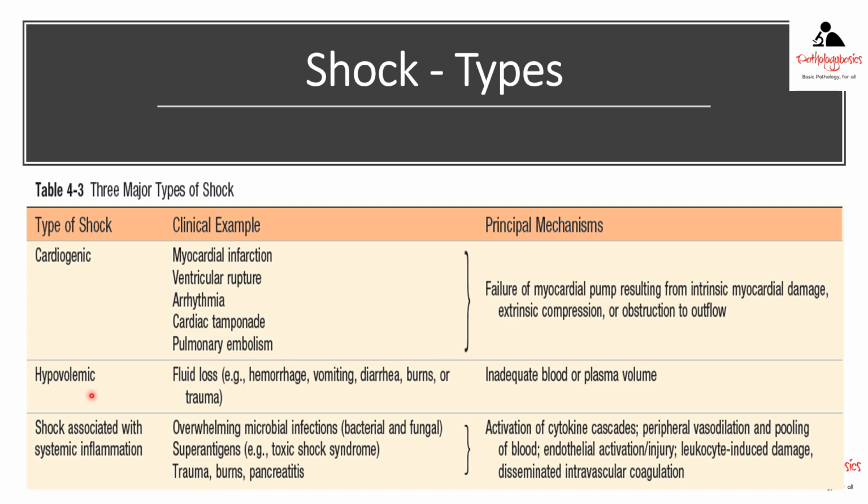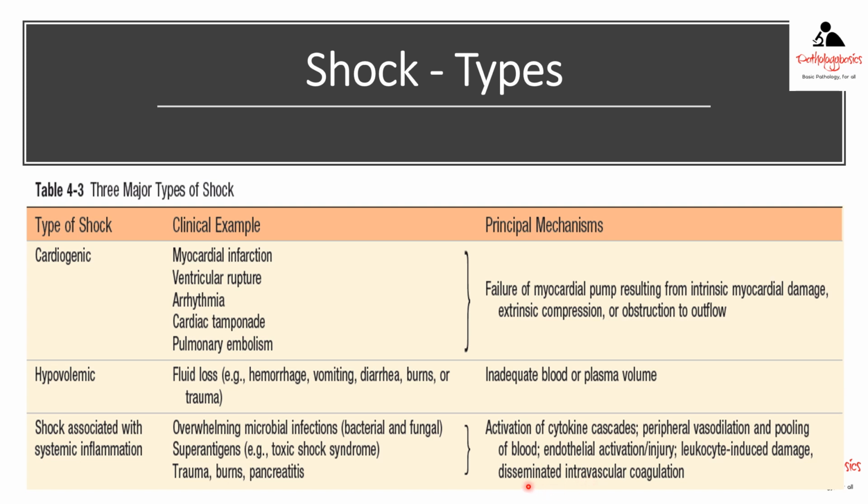Second is hypovolemic shock, reduced effective circulating blood volume. This happens due to fluid loss, hemorrhage, vomiting, diarrhea, burns or trauma. Third one, shock associated with systemic inflammation. What is happening over here? There is activation of cytokine cascades, peripheral vasodilatation, pooling of blood.